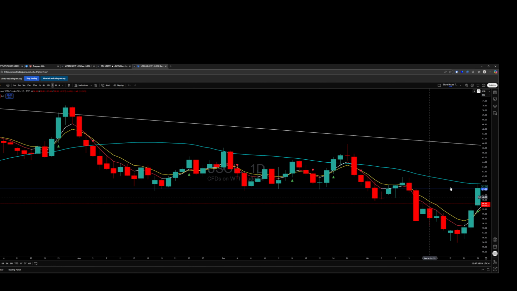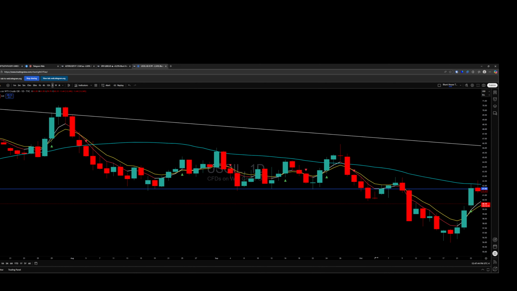Is this the first test of the 50 since we broke it? Yes. So there's a little hesitation, right? That didn't blow through the 50. And by the way, that solid, darker blue line is our 6166 target that we've hit. That line is still there.